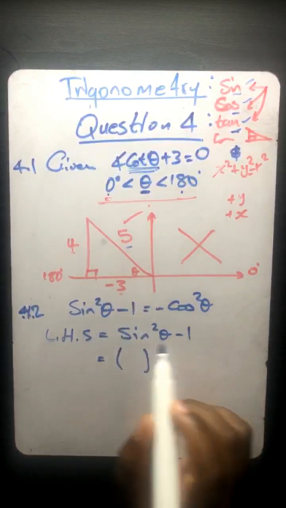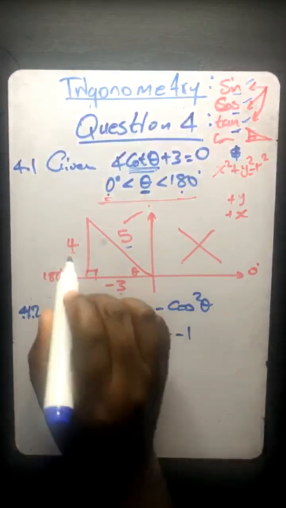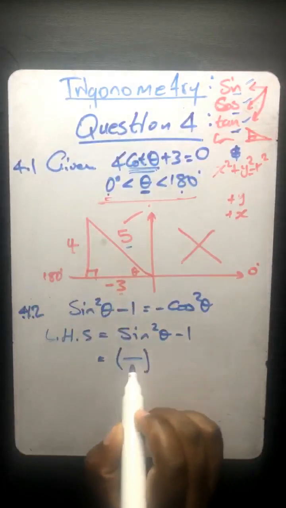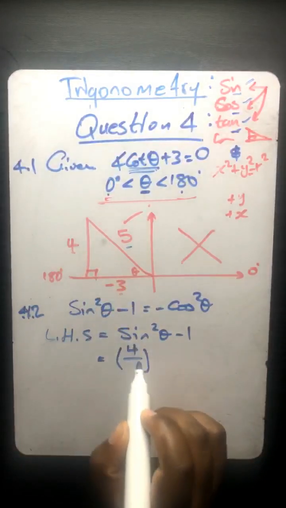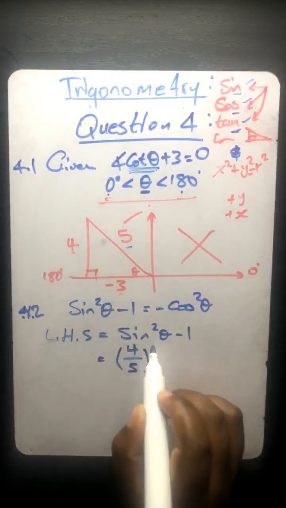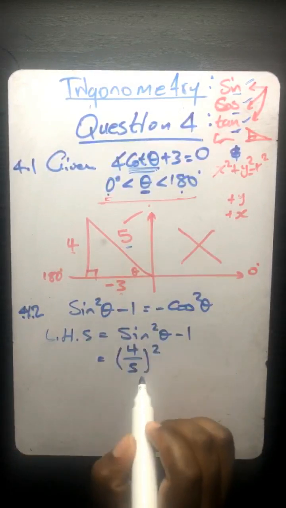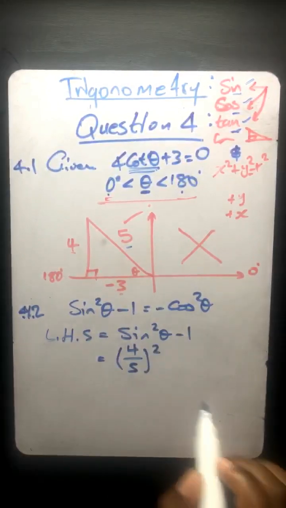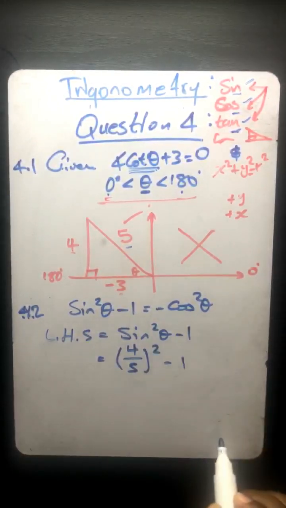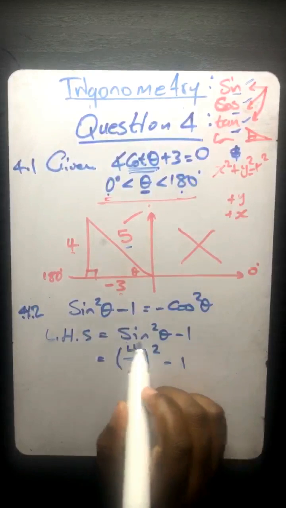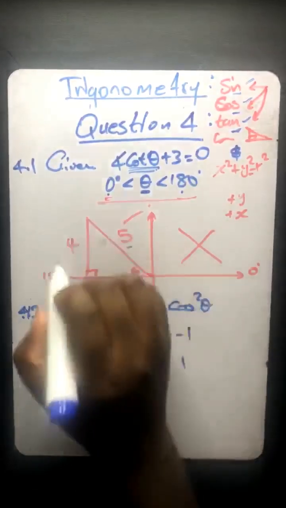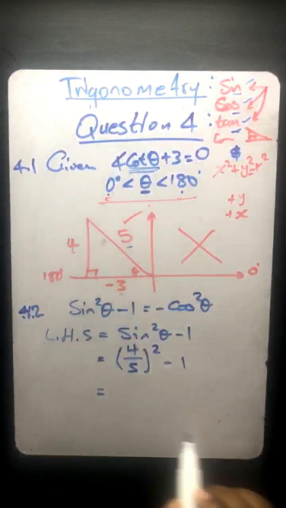We know it's opposite over hypotenuse, opposite being 4 and hypotenuse being 5. But remember, it is sine squared. That is why I'm only going to put the ratio inside the brackets and then square on the outside. So you say minus 1. So you just substituted that trig ratio using the values there.